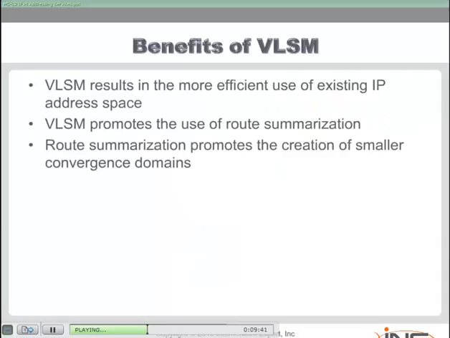Something else that we love about variable length subnet masking is that it promotes the use of route summarization. With route summarization, we talked about this before in the course, we have the ability to make routing tables smaller, but we also have the ability to make our convergence domains smaller. Fewer devices out there need to know of a network update when we work on these smaller convergence domains.